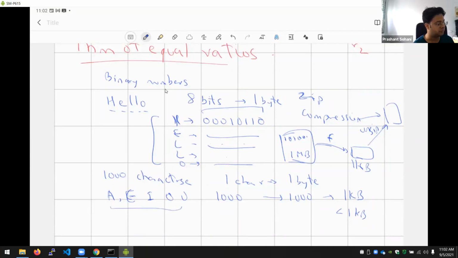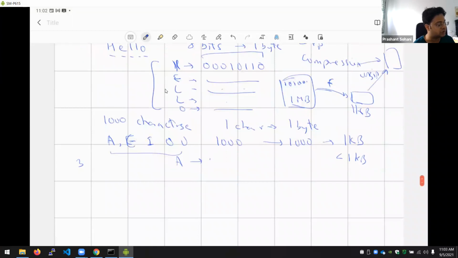For example, there are 5 characters, so I require a minimum of 3 bits. In some way I could say A is 000, E is 001, etc. For these 5 characters I only use 3 bits, and for all the other characters I still continue to use 8 bits.